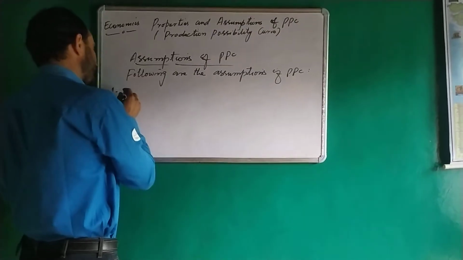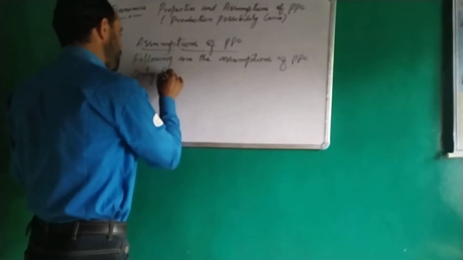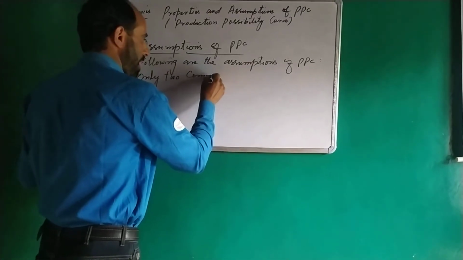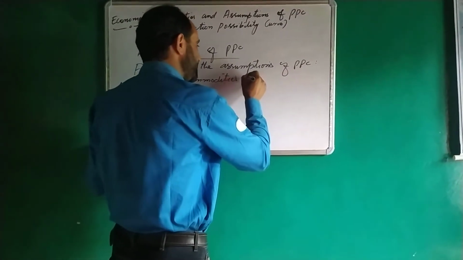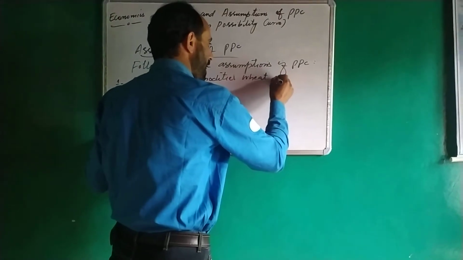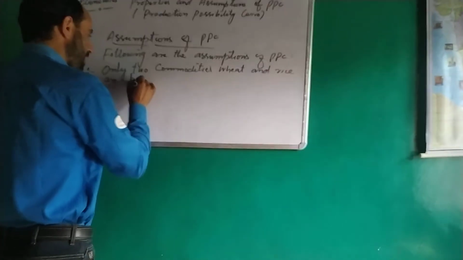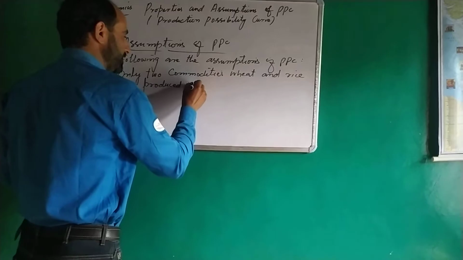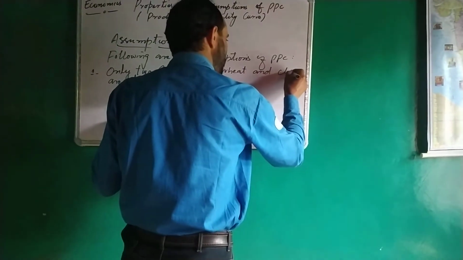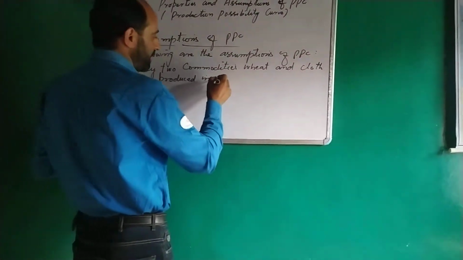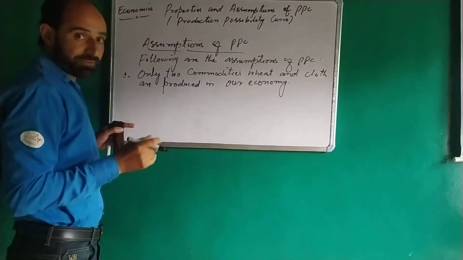First, only two commodities, suppose wheat and cloth, are produced in our economy. This is the first assumption of PPC.